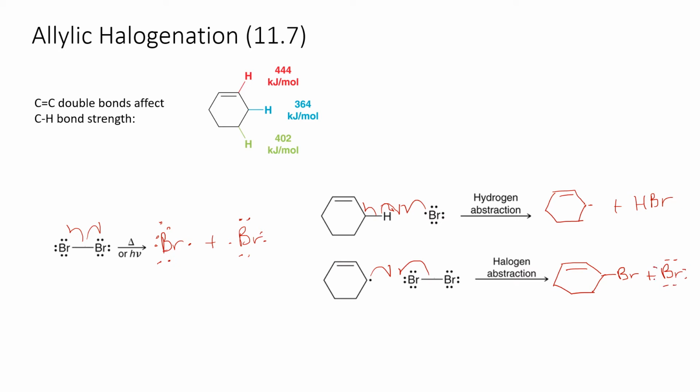So we have a halogen abstraction. So we see that bromine will occur at this allylic position. So this is considered to be allylic halogenation.